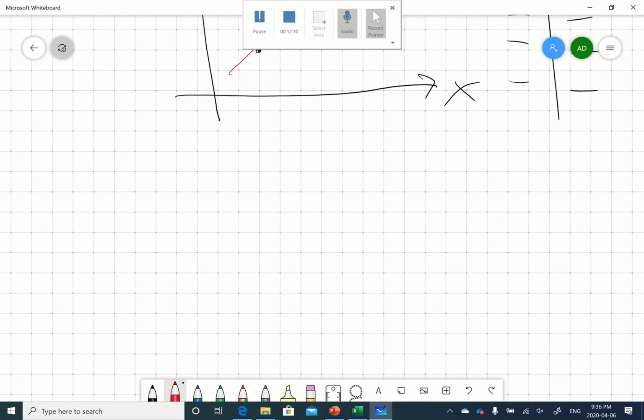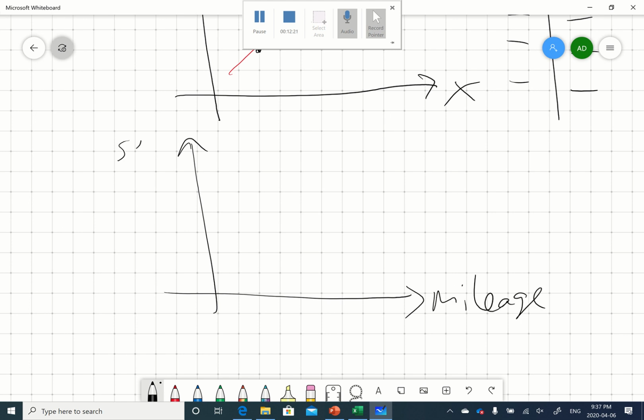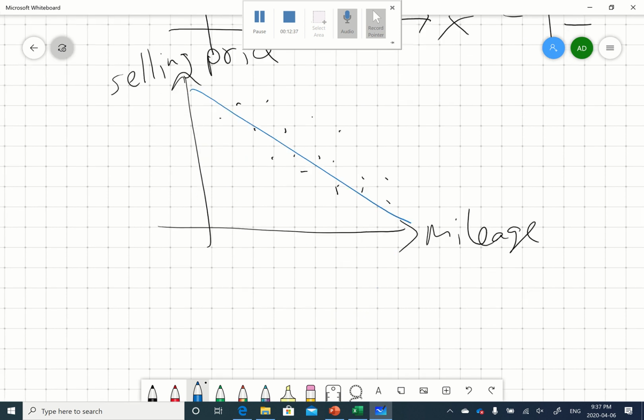And if you have, for that example, mileage and then the selling price, the plot might look something like this. Overall it's going downward trend in between mileage and selling price.